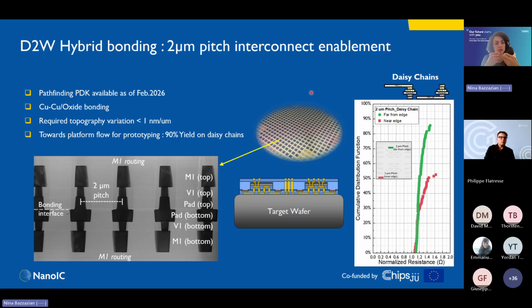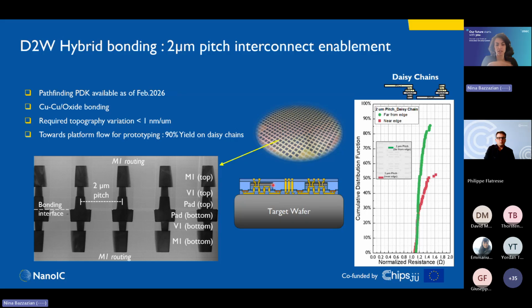Like allowable topography variation is around or less than 1 nanometer per micrometer. And beyond this level, the quality of bonding degrades quite fast. And after bonding, of course, the structure is encapsulated with oxide, and then effectively it becomes a single integrated device.